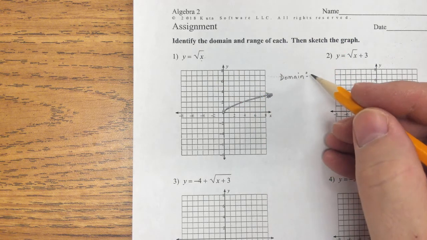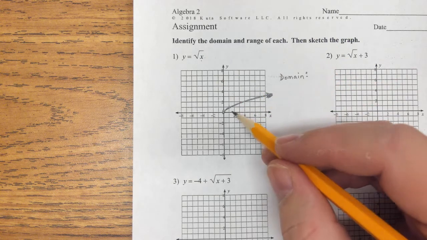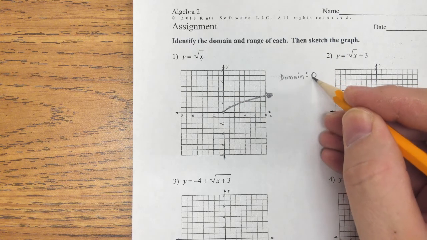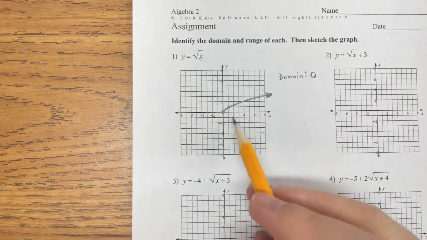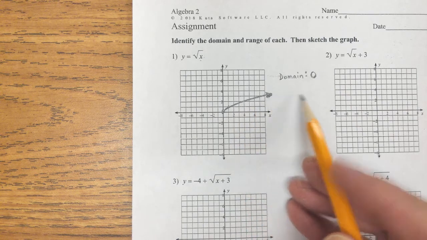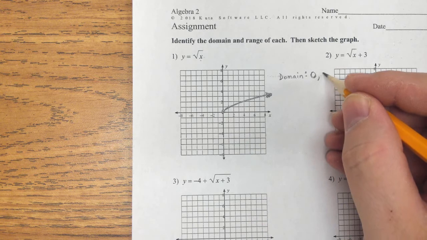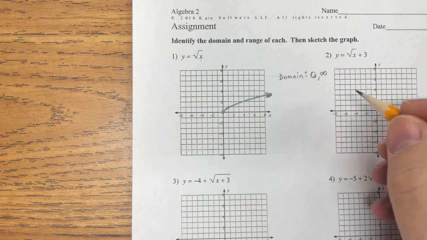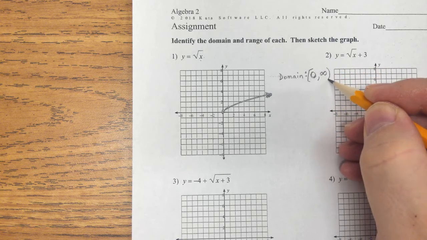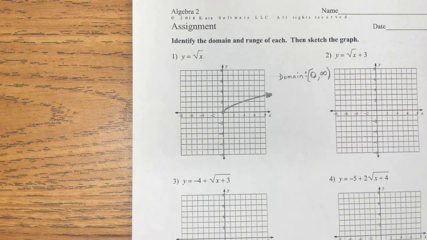So my domain for this particular function is going to start at 0, and it's going to increase from left to right forever and ever, so it's going to infinity. So there is my domain for my function.